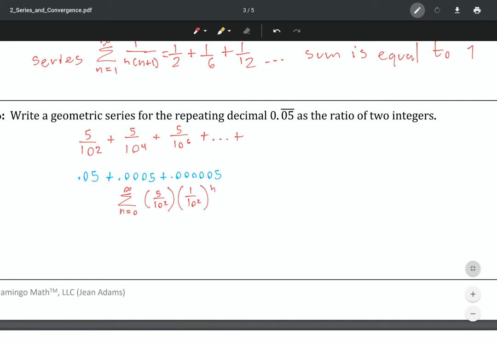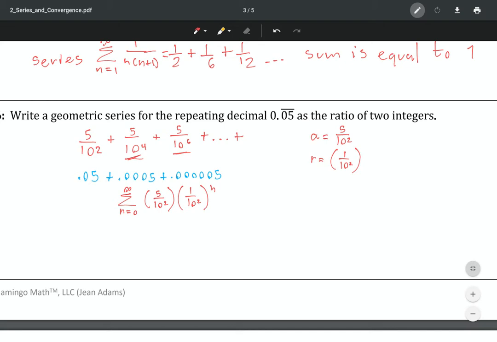Think about it: A, or A1, is the very first term that I have. What happens after that is that the power on the bottom is basically multiplied by 2 every time. And how we do that is by multiplying the constant times 1 over 10 squared, because 10 squared times 10 squared is 10 to the fourth, and so on and so forth. So that's what it is.